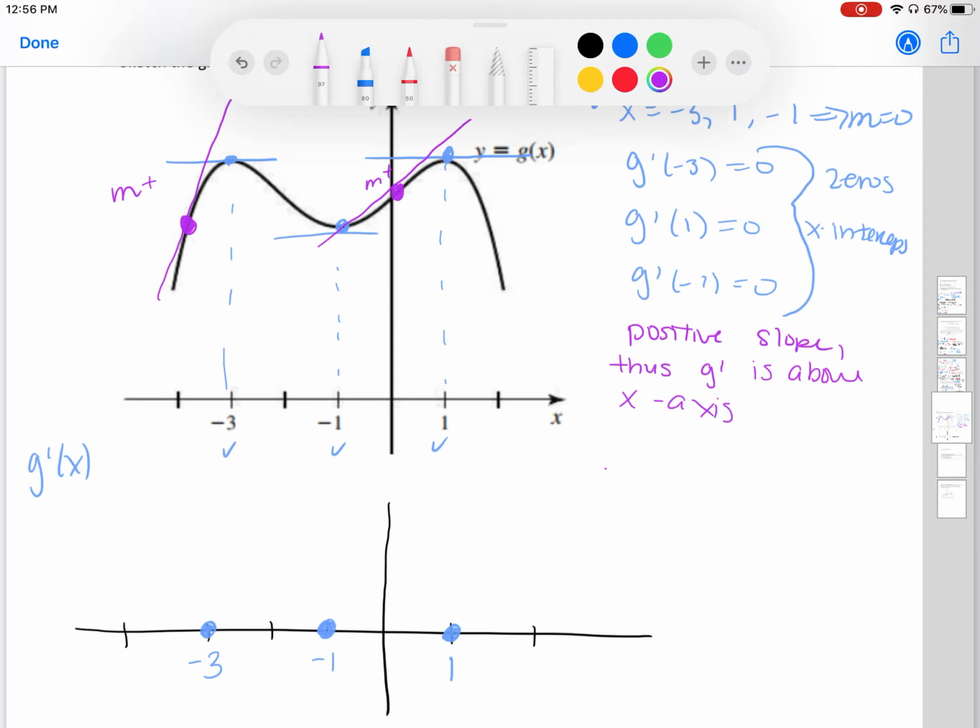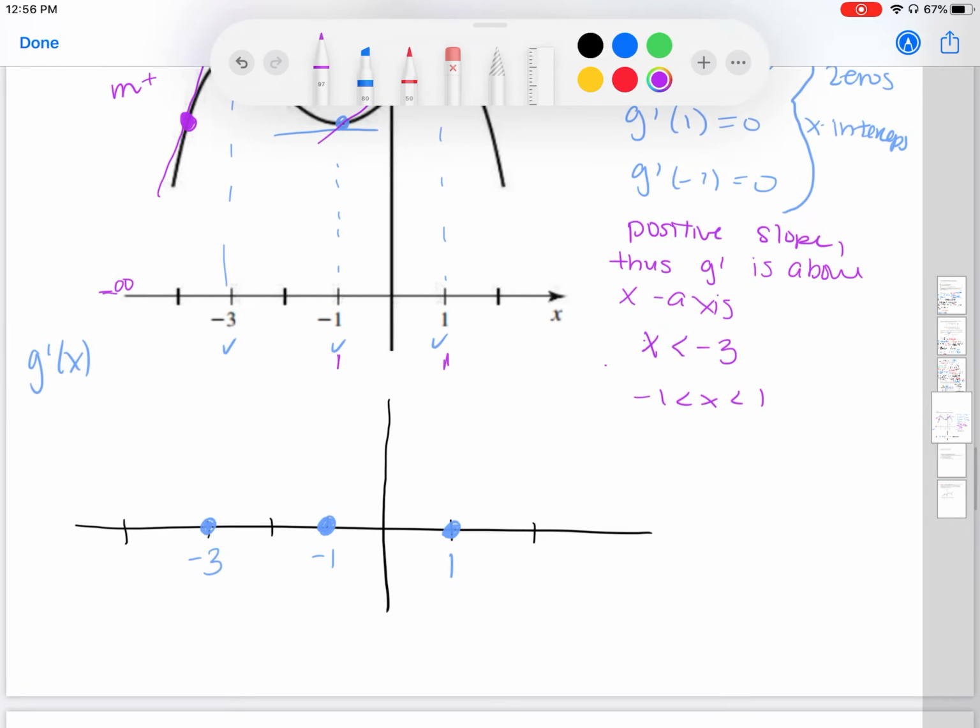It seems like it continues on to negative infinity, and it stops at -3. So when x is less than -3, and it happens between -1 and 1. So at those values, my graph will be above the x-axis.